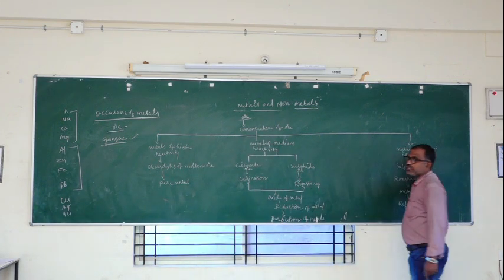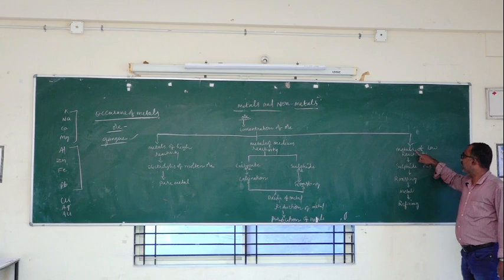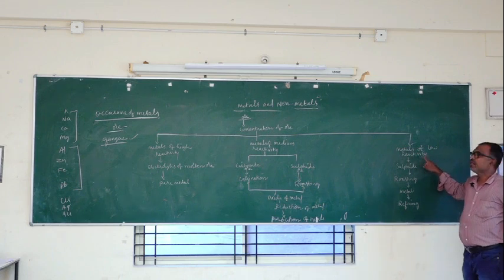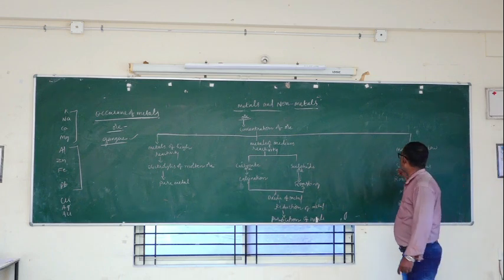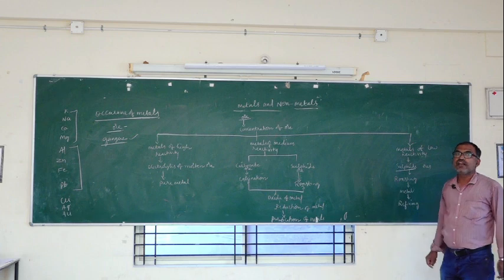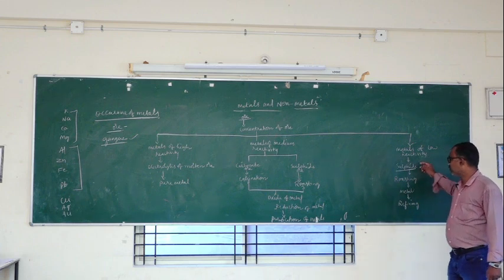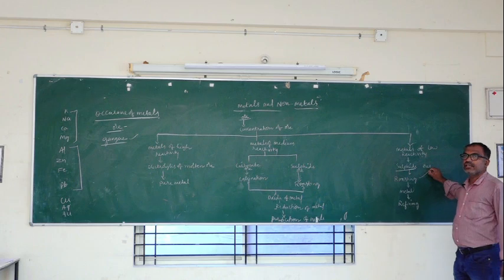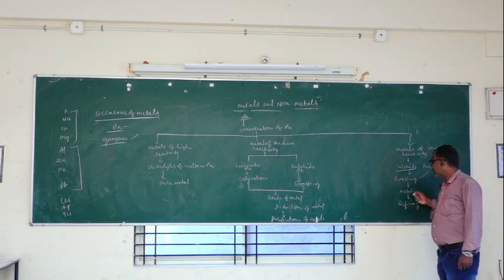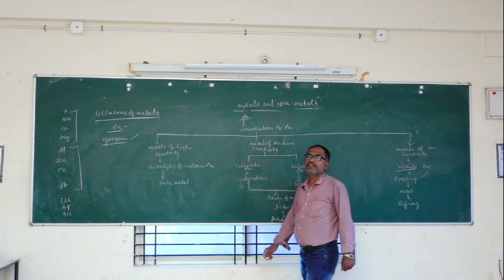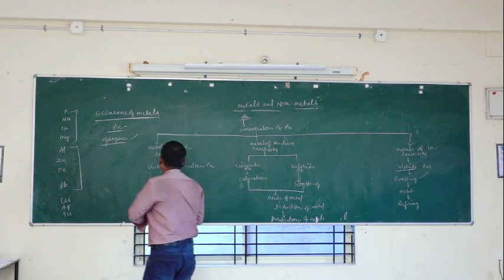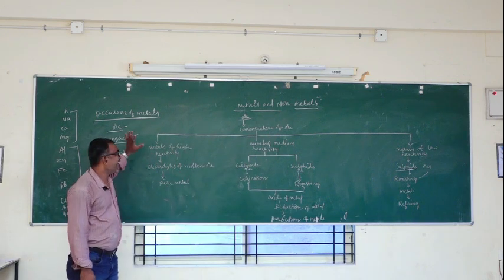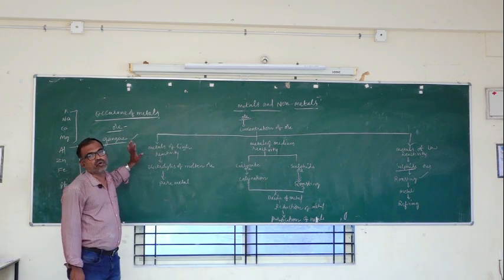And what about metals of low reactivity? Metals of low reactivity are found as sulfide ores. Suppose it is a sulfide ore, we do roasting, and then the metal is refined. So these are the three methods of extracting different ores.